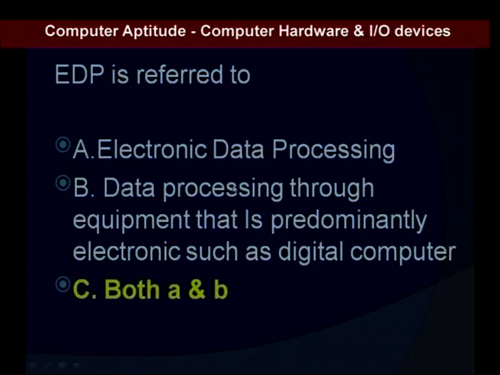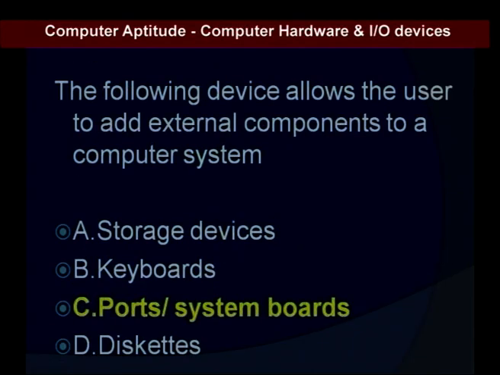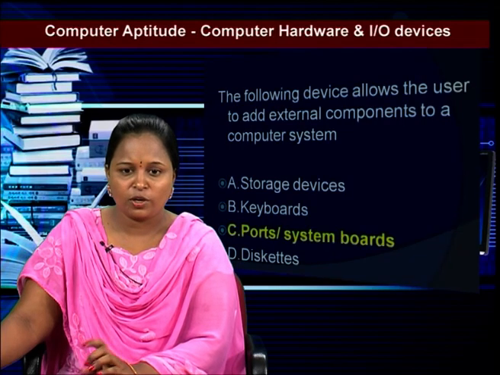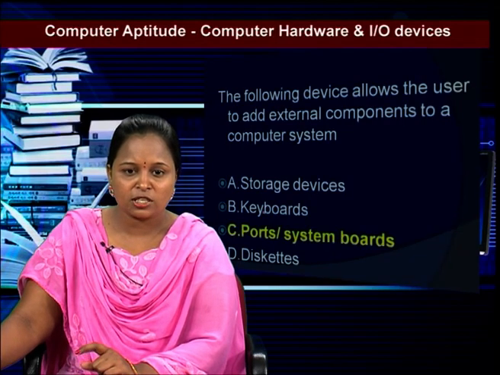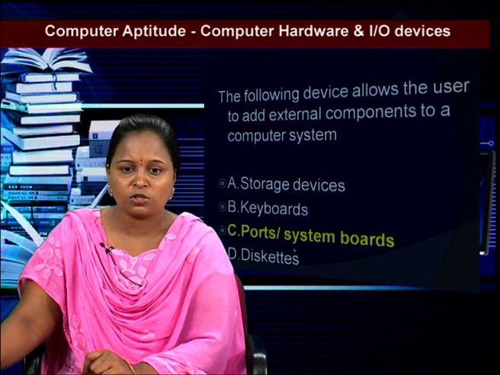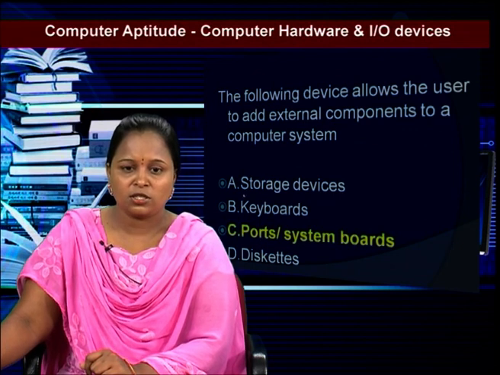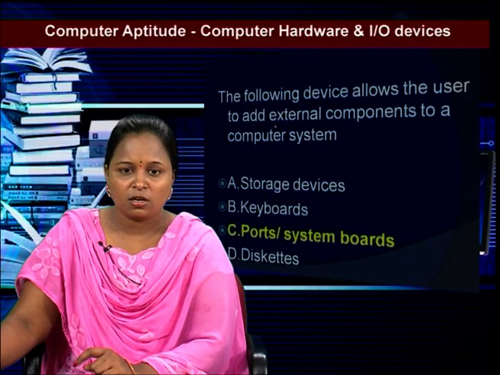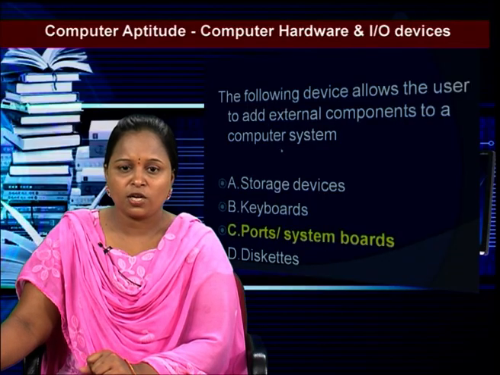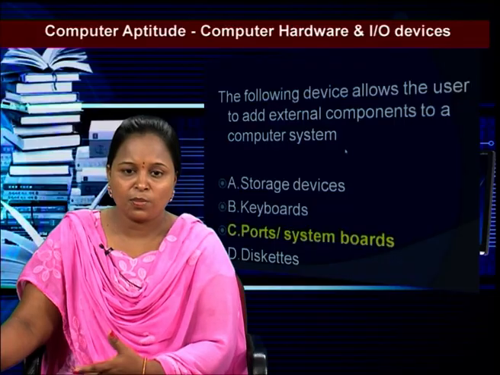Next, the following devices allow users to add external components to a computer system: storage devices, keyboards, ports or system boards, diskettes. So these are the devices that add external components to a computer system. External components means ports and system boards are the external components of a system.